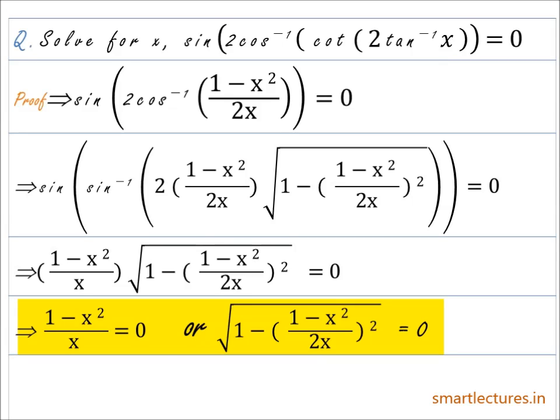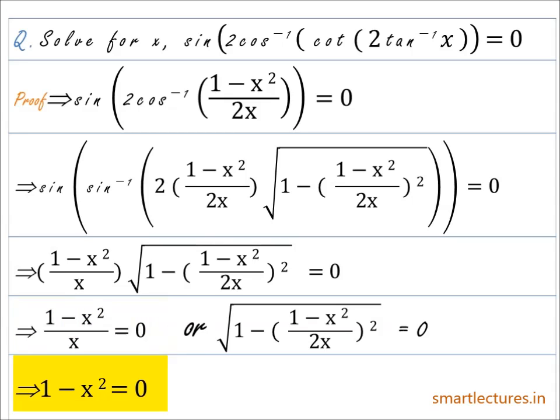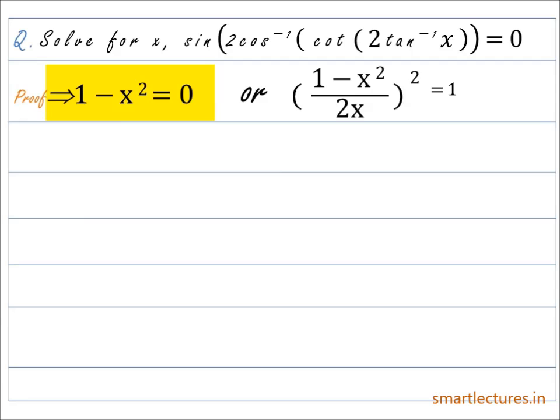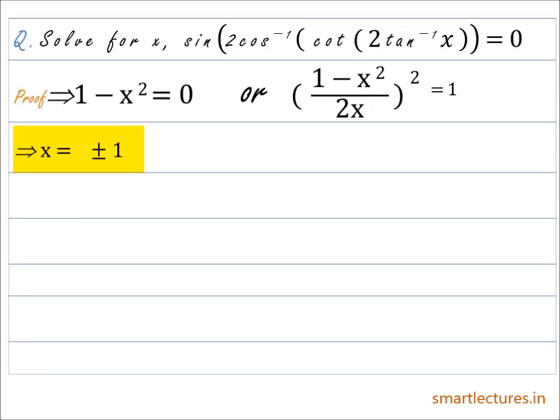And if 1 minus x square upon x is equal to 0, then that means 1 minus x square is equal to 0. And the square root of 1 minus x square upon 2x whole squared is equal to 0 only when 1 minus x square upon 2x whole square is equal to 1. And if 1 minus x square is equal to 0, then that means x square is equal to 1 or x is equal to plus minus 1.